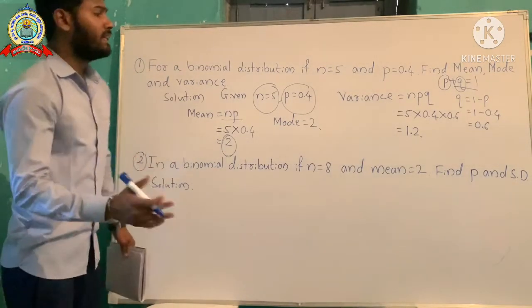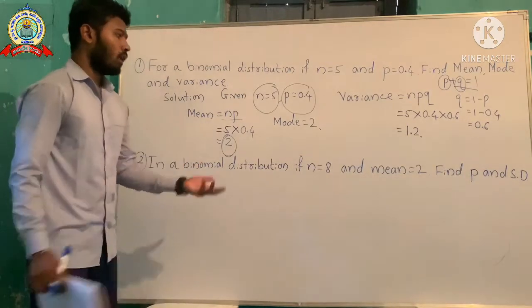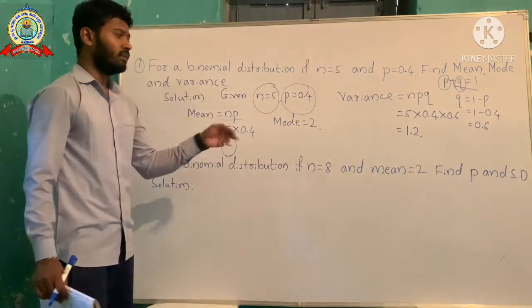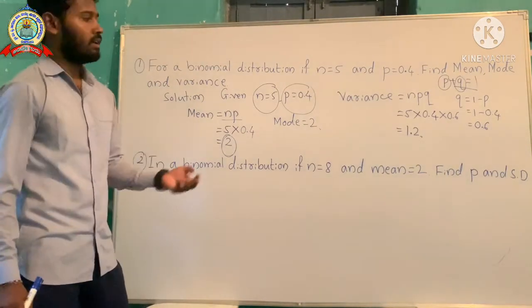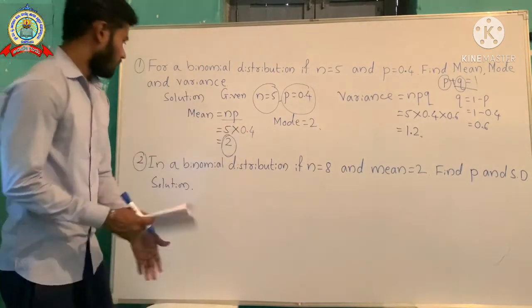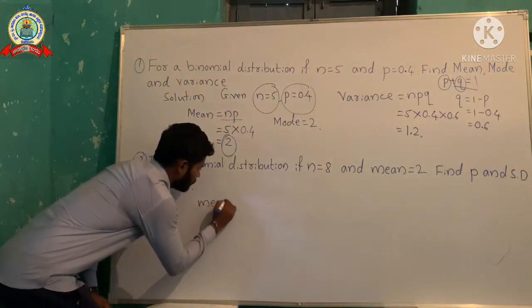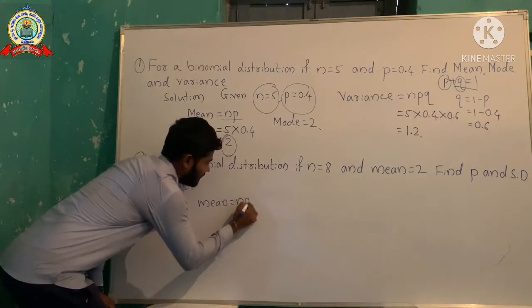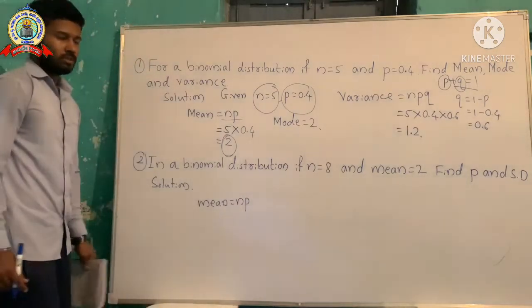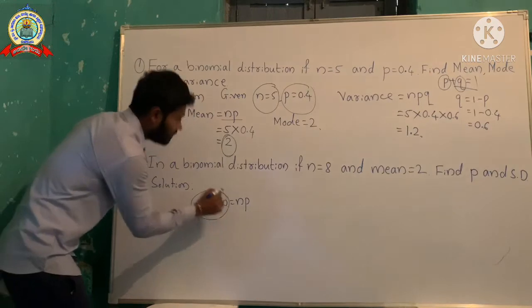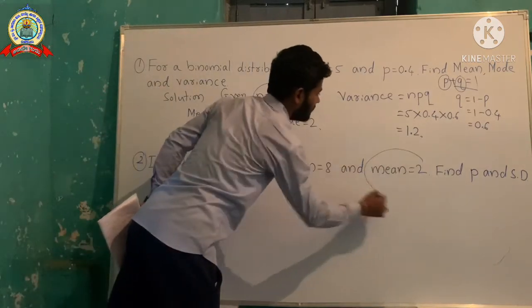So we need not find the mean value because they have already given it. So here there is no need to find the mean value, they have already given it. So mean is equal to, what is the formula? np. So the mean of a binomial distribution is equal to np. The mean value is already given, so that is 2.